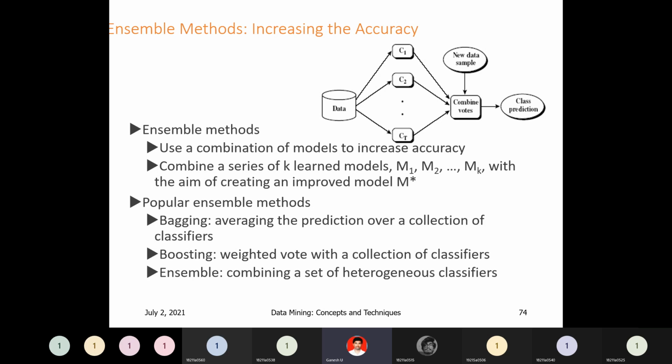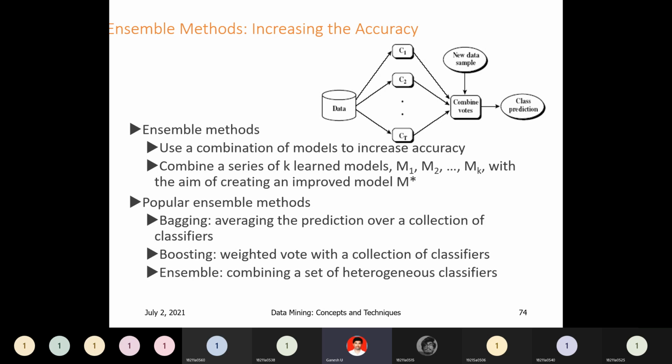K learned models, the number of models we create, M1 to M10, M20, 30, like that. What is the purpose? The purpose is to improve the model, to get higher accuracy.